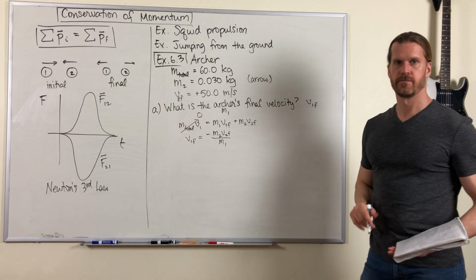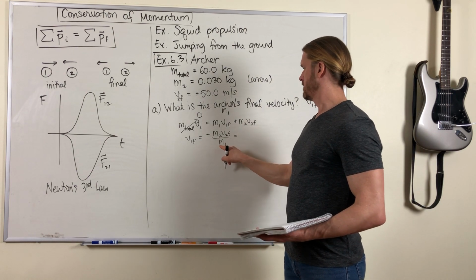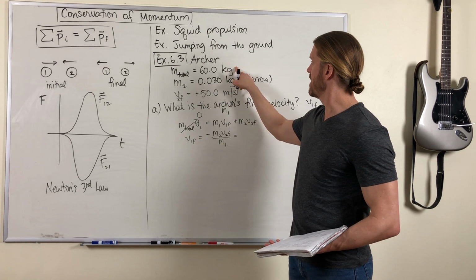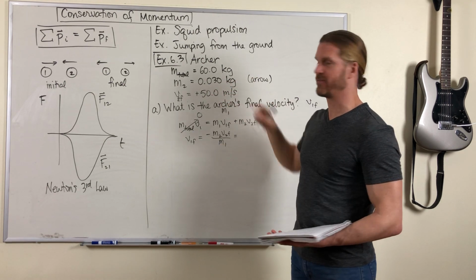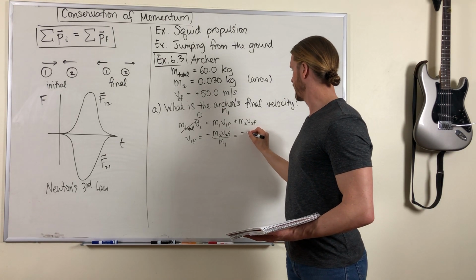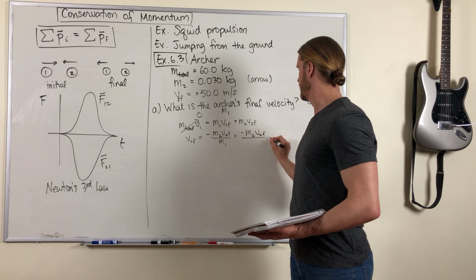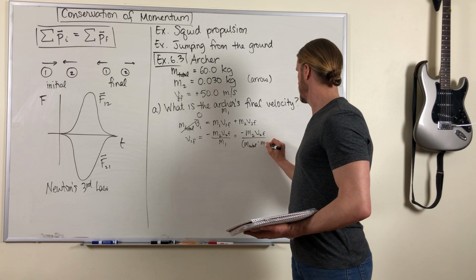Now there's just one slightly tricky thing to keep in mind. It's that the archer's mass is the total mass minus the mass of the one arrow they shot. So this becomes M2 V2 final over M total minus M2.